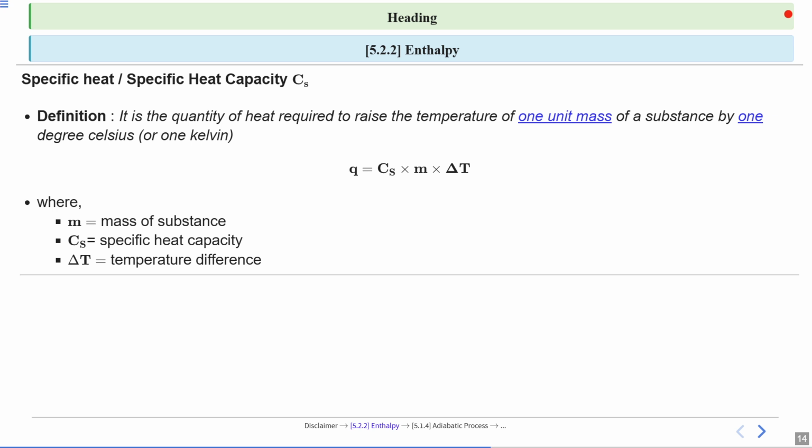We have just rearranged it. How can we say that it is the same? You can just rearrange this equation, and Cs will be equal to C by m. Only here the mass is replacing the number of moles. So here you are calculating it for 1 unit mass, whereas in the previous case, you were calculating it for 1 mole of substance.